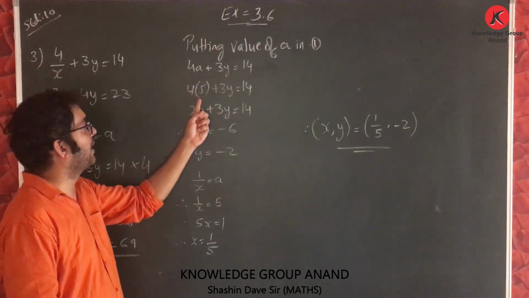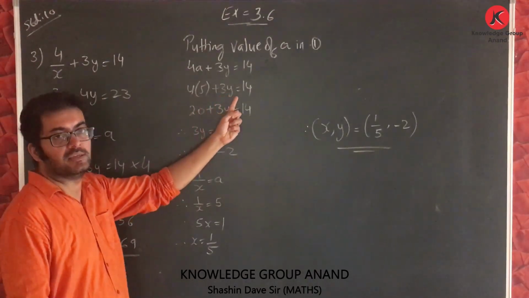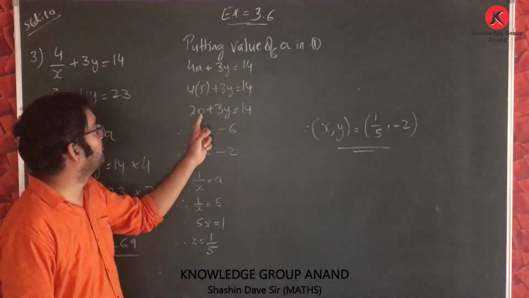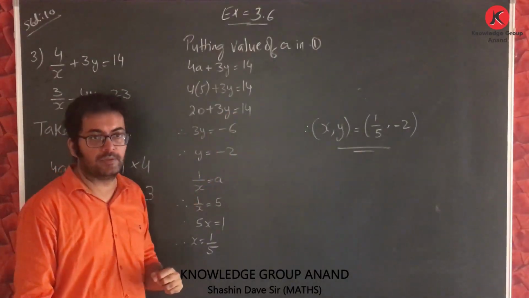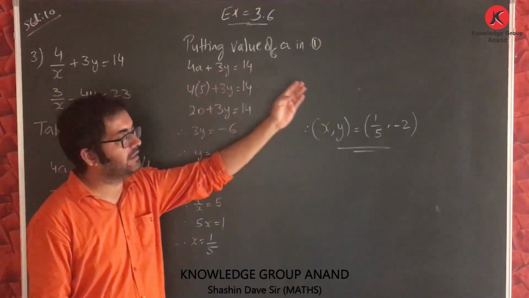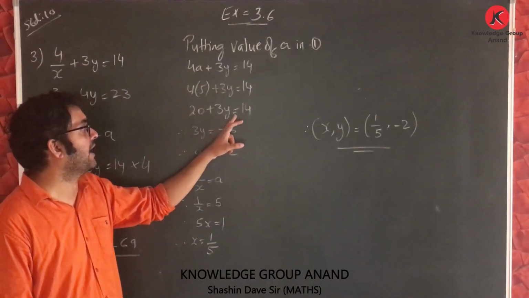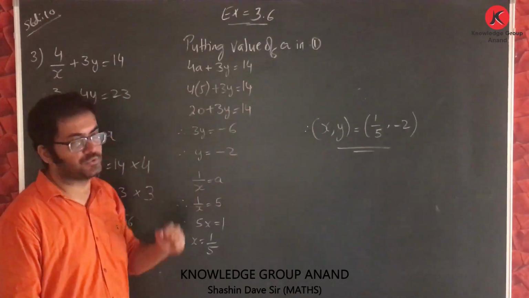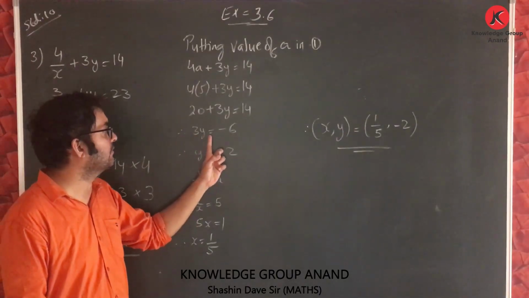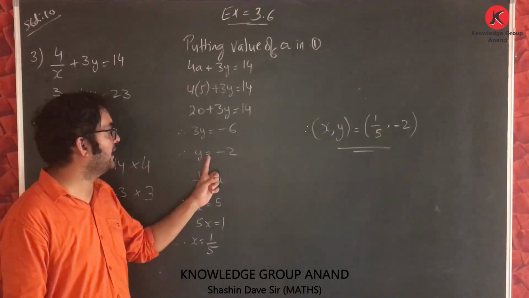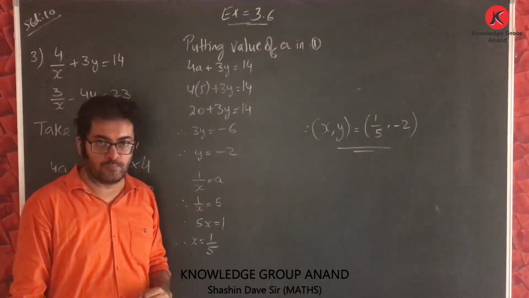So 4 into 5 plus 3y is equal to 14. 4 5s are 20 plus 3y is equal to 14. I will take this 20 to the right hand side, it will become minus 20. So 3y is equal to 14 minus 20, that is 3y is equal to minus 6. So the value of y is minus 2.